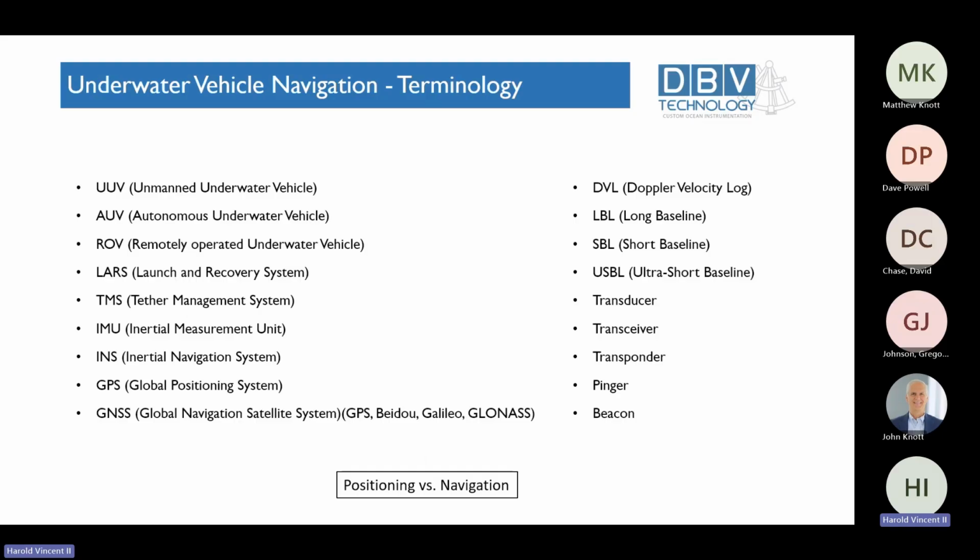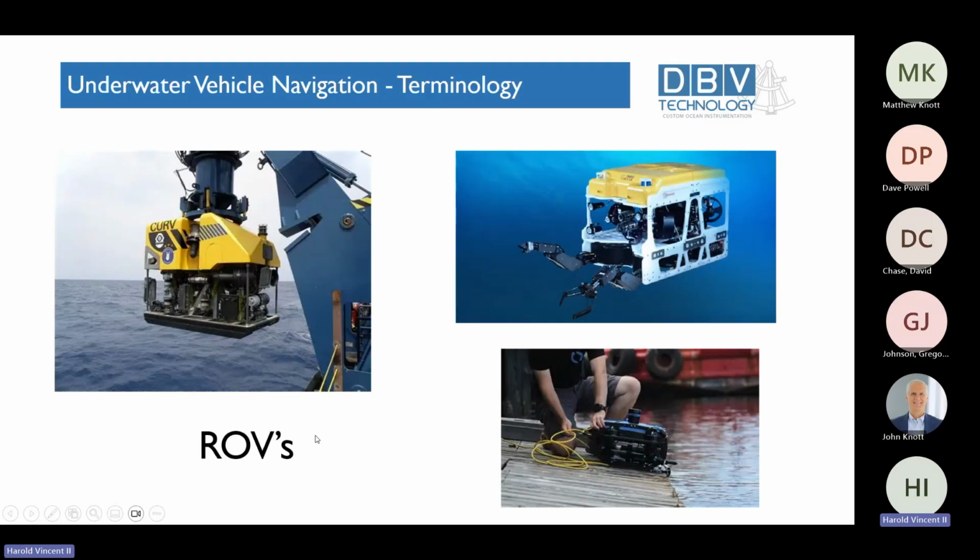So with that, I'll go ahead and get into a few examples of these underwater vehicles. So here are examples of ROVs, remotely operated vehicles, that you can see come in greatly different sizes. The one in the upper left is the U.S. Navy Supervisor of Salvage and Diving underwater vehicle called Curve. And if you can see my mouse, that is an acoustic transducer right there.